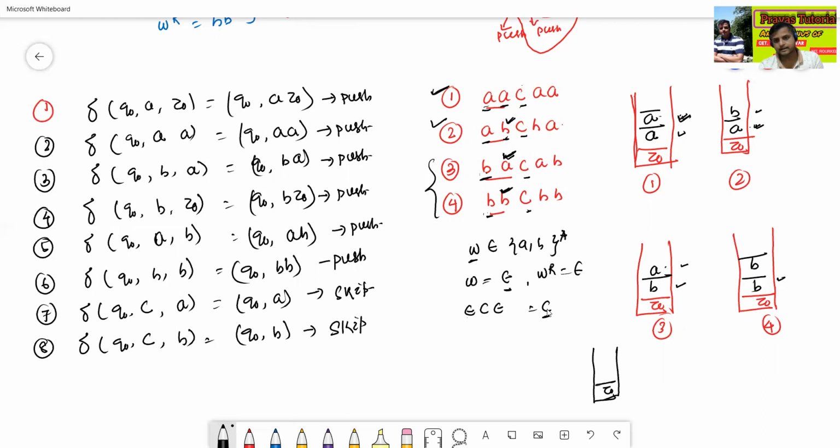Only C means in this case, initially the stack contains Z0. In this case, delta Q0 read C, top of the stack is Z0, meaning Q0 Z0. It is also skip.